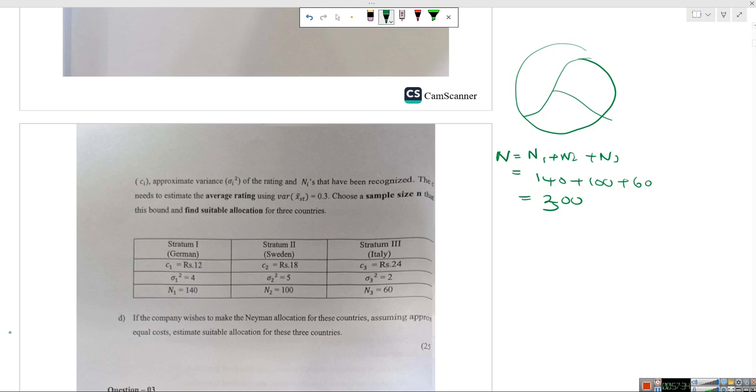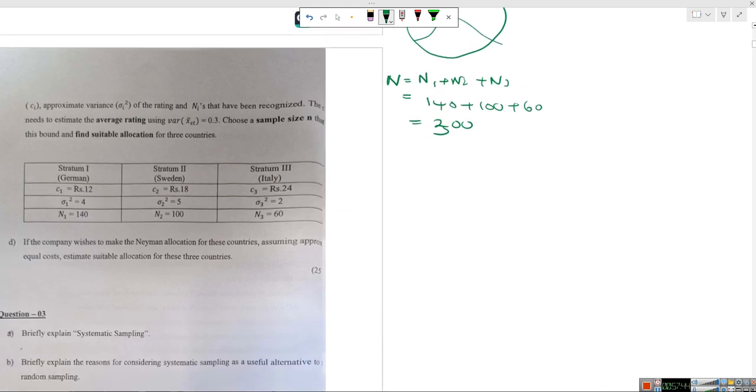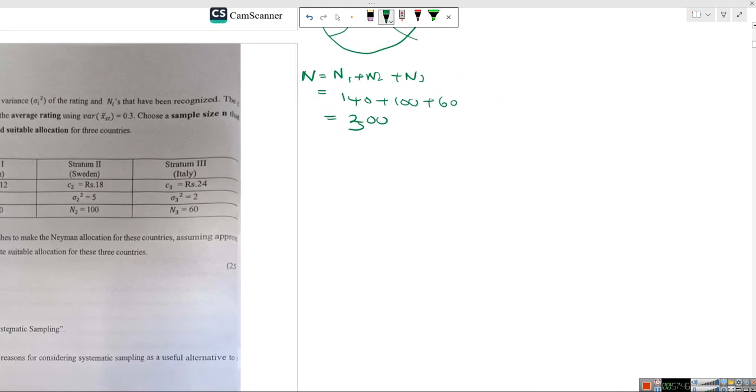Then they are telling the costs also. Now we have to convert this table to another format, so that we can insert another column whenever needed, something like WiCi, those things. So now for each stratum, Ni is given.